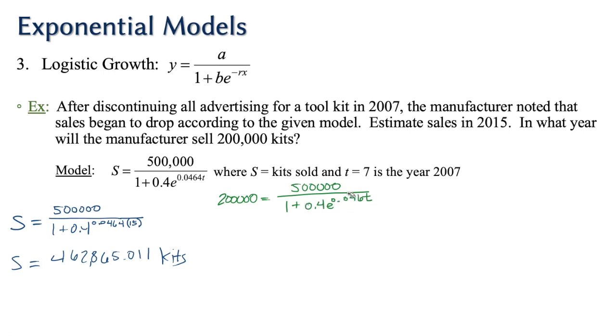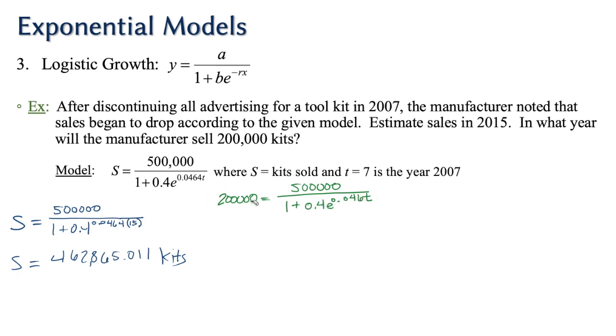Step one is to take this whole denominator and multiply it over to the other side. Therefore, no more fraction. There's still 200,000 over here, so when I multiply the entire denominator to the left side, we multiply 200,000 times the 1 and 200,000 times the 0.4 e to all this.